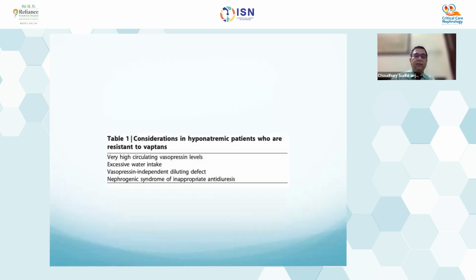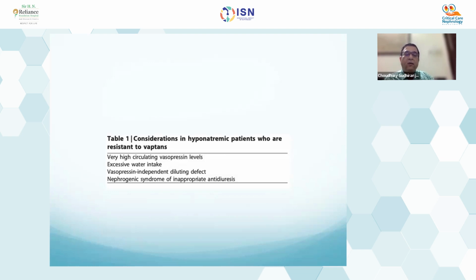So there are certain conditions where there will be resistance to vaptans. Like I said, very high circulating vasopressin, where antagonism is not achieved, since the concentration of the drug is not able to antagonize that much vasopressin.